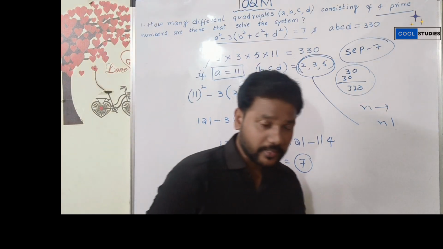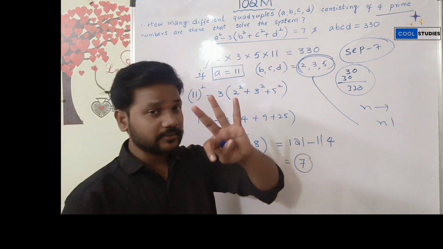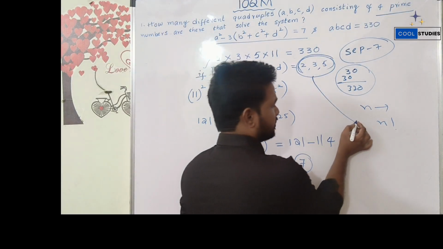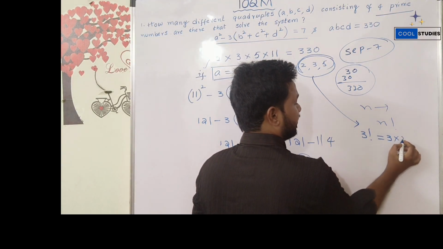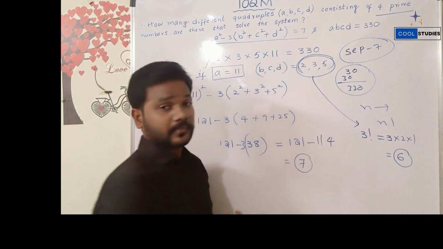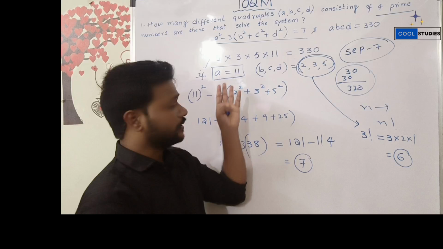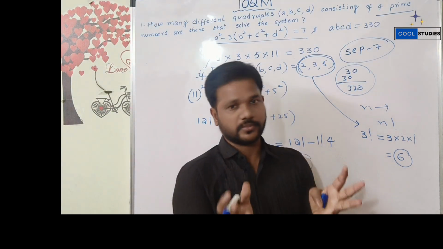Here there are 3 things, so we can arrange them in 3 factorial ways. 3 factorial means 3 into 2 into 1, which is 6. Total, there are 6 ways possible.